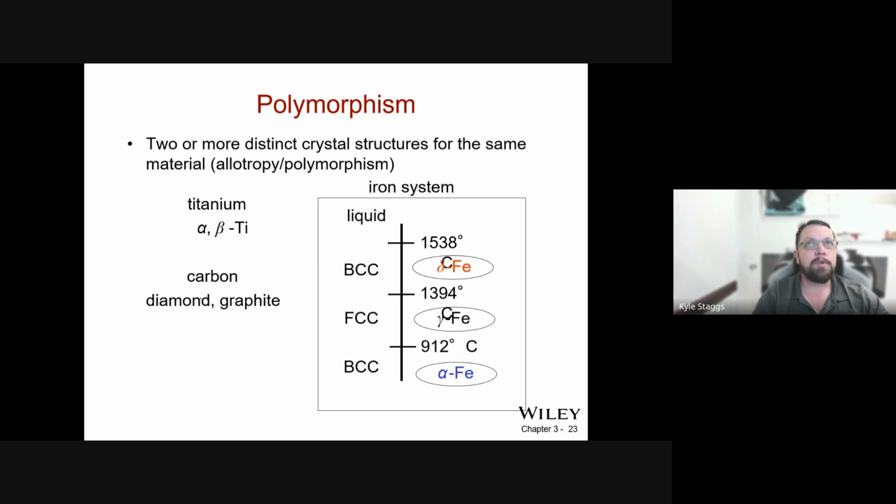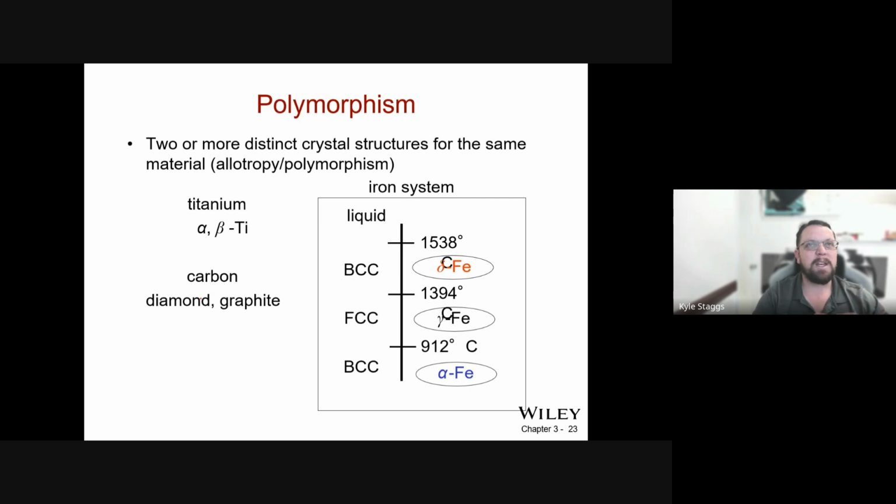When there are 2 or more distinct crystals for the same material, we have what's called allotropy, or commonly polymorphism. There are multiple examples of this. A good one is titanium, which has an alpha and a beta orientation of the crystal structures.